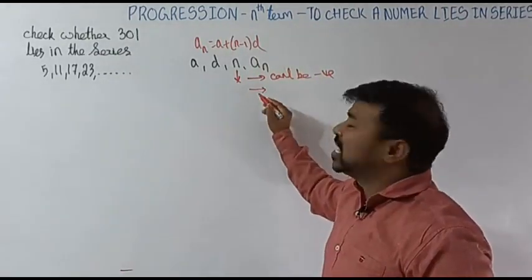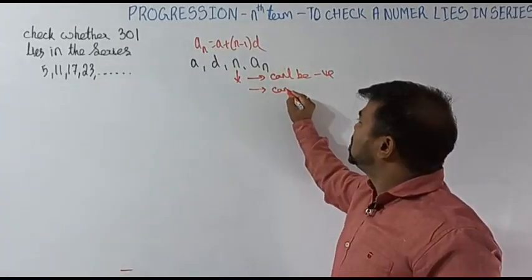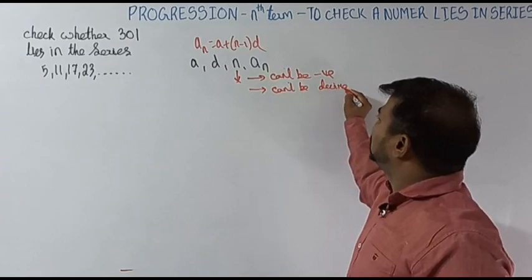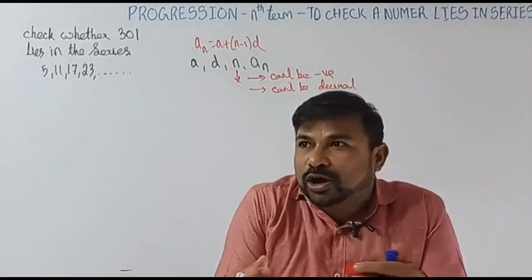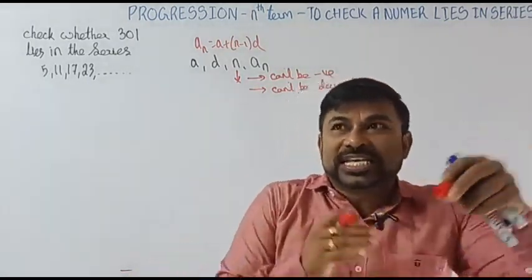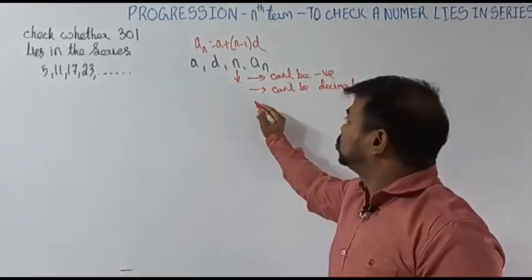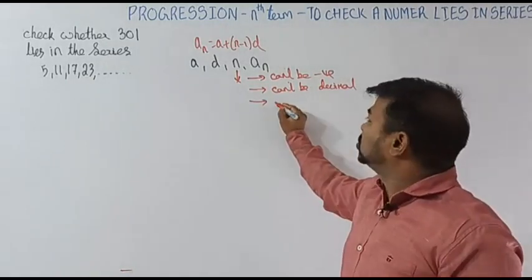In the same way, n value can't be a decimal. We can't get the value of n as a decimal like 4.2, 6.3. Roll number can't be a decimal. And it can't be a fraction.